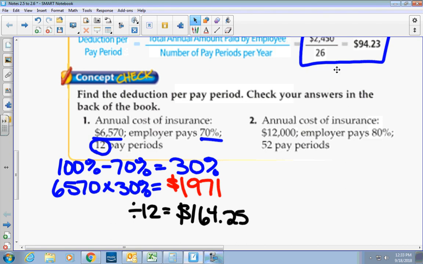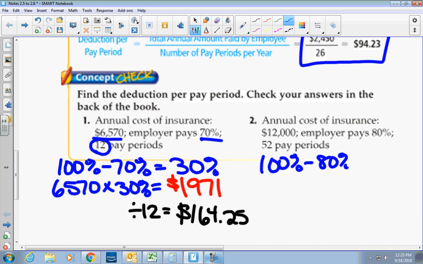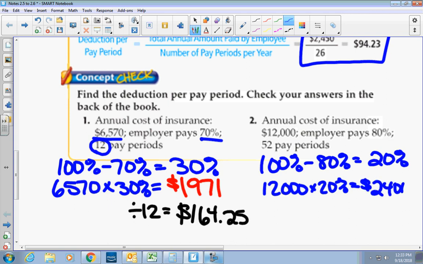All right, so we're going to figure out what percent the employee pays. Some of you guys can do this in your head. Then we take our annual amount, times it by the 20%. I actually remember this answer from last period, so it's $2,400.